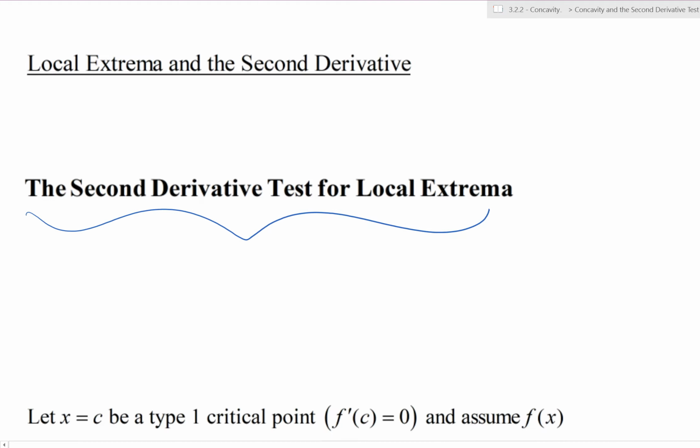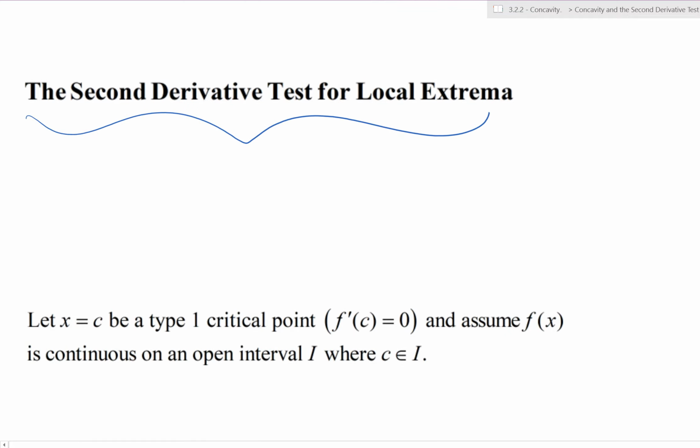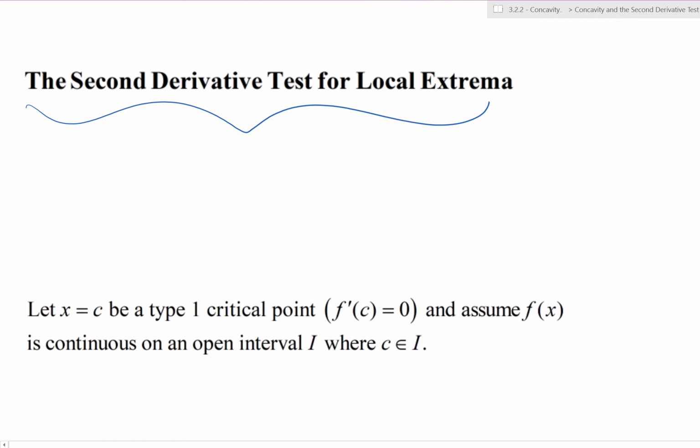Now, how so? Well, let's first start by assuming that x equal to c is a type 1 critical point. Remember, what that means is that the derivative of this function at c is equal to 0, and it also means that c is in the domain of the function.